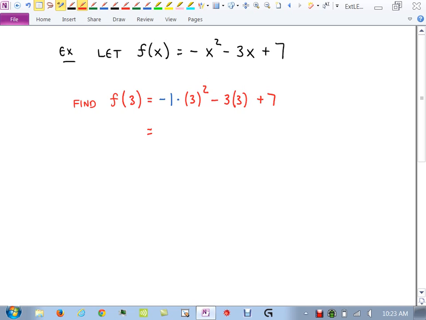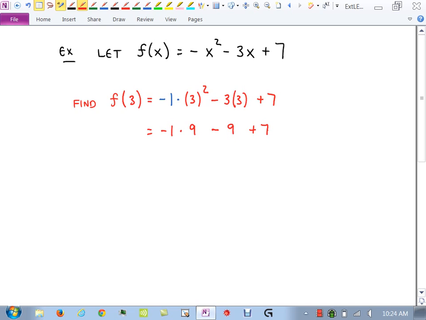Okay, order of operations. Do the exponents first. 3 squared is 9. And I'll work my way across. What is the 3 times 3 there? It's 9, but there's a negative in front, right? So it's really a -9. And then I have plus 7. Now what operation happens next?